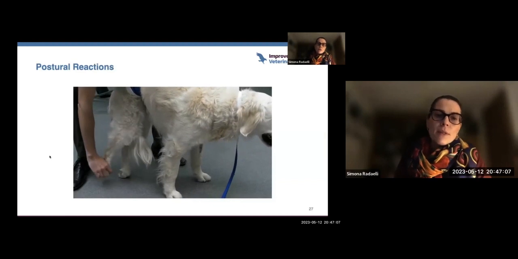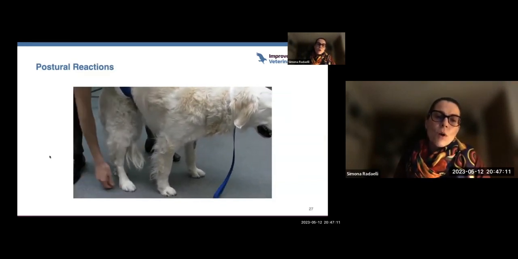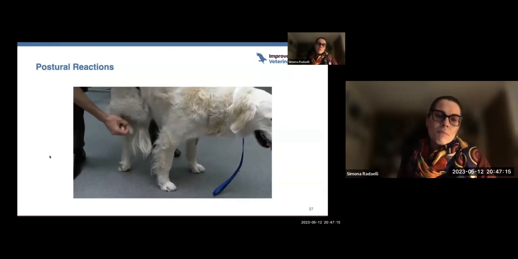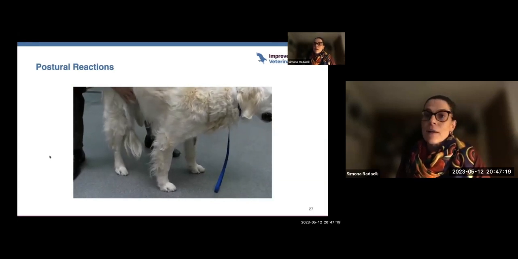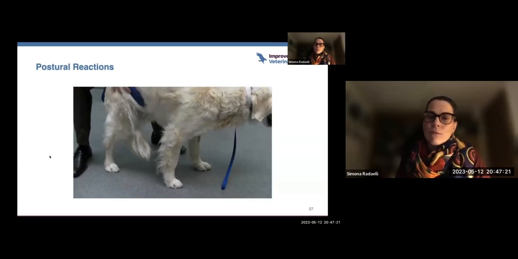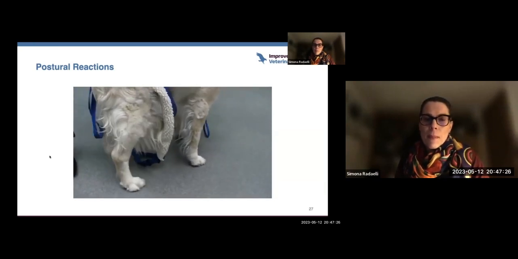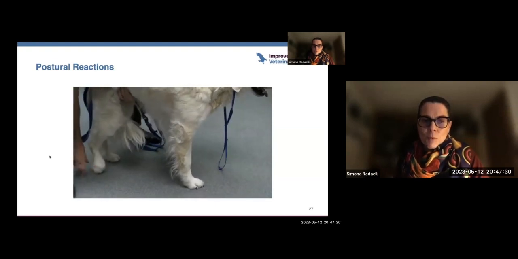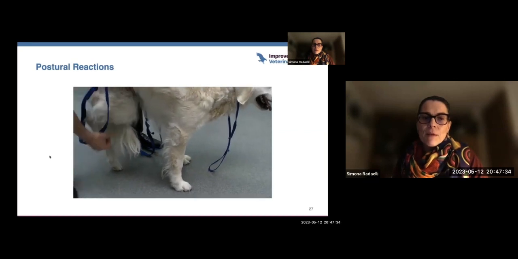So this Golden, we do the paw placement on the right hind limb, and it's quite good. You can already appreciate that the left hind is already knuckling on its own. We test for muscle tone as well. Paw placement, again, several times, withdrawal.